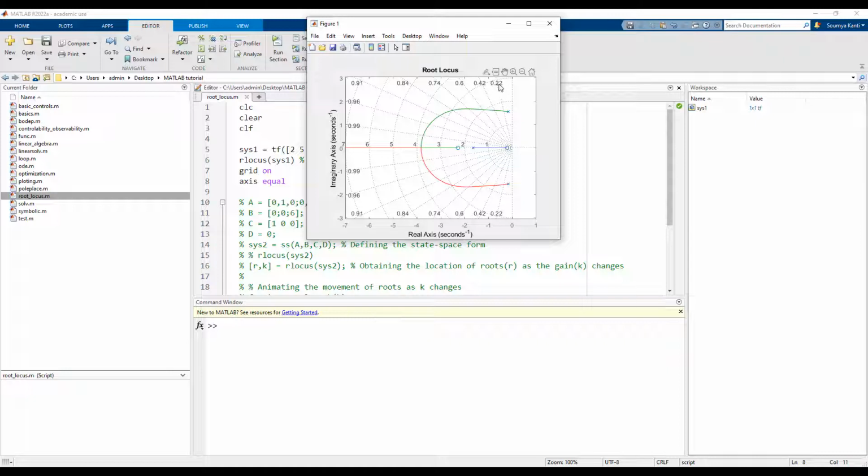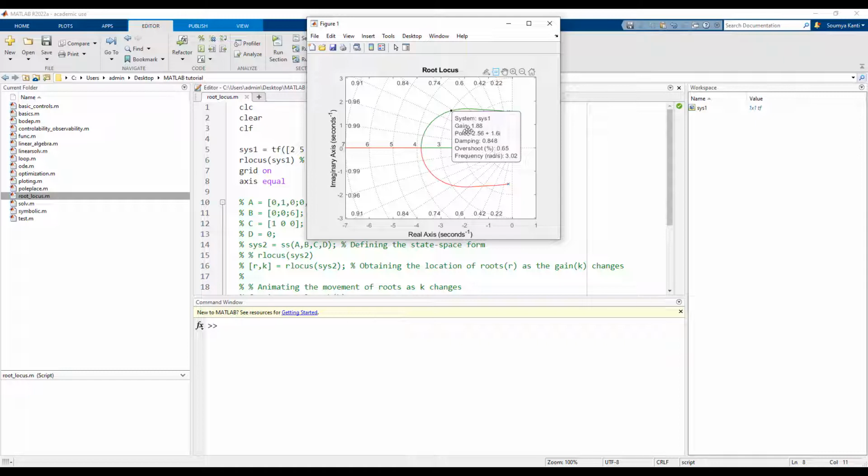So this is like 0.22, this is 0.6, and you can also use the data tip, and you can see a particular point here. You can see that this is 0.84 damping, and you can see the k value, the gain value, is 1.88 here.